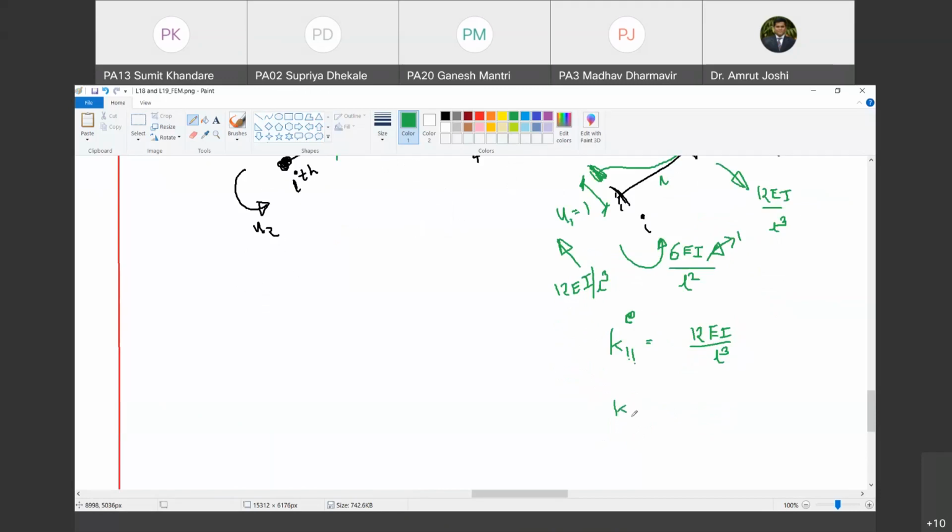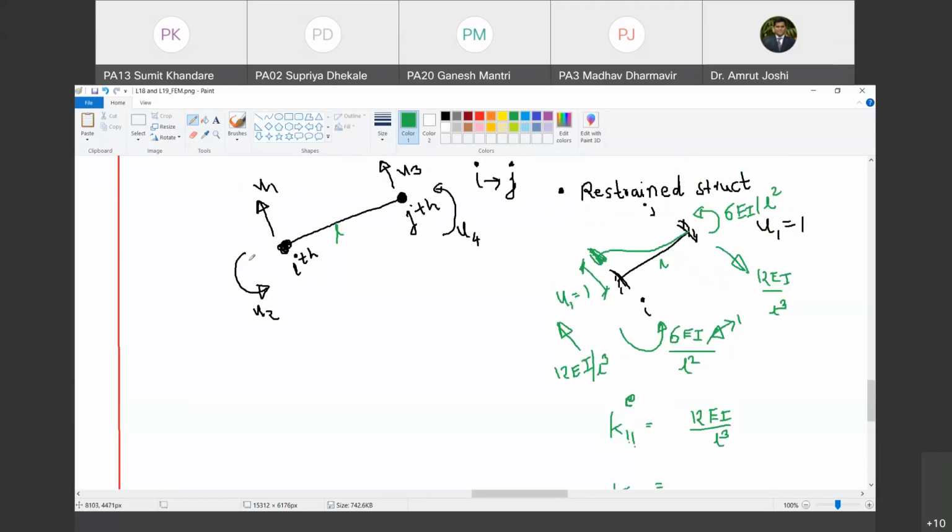Can you tell me what we mean by K21? It is the action that gets produced at 2 due to unit deformation at 1. So where is 2? 2 is nothing but U2. U2 is the rotation. Do you agree with me? Yes, sir. So for rotation, the corresponding action is force or moment?